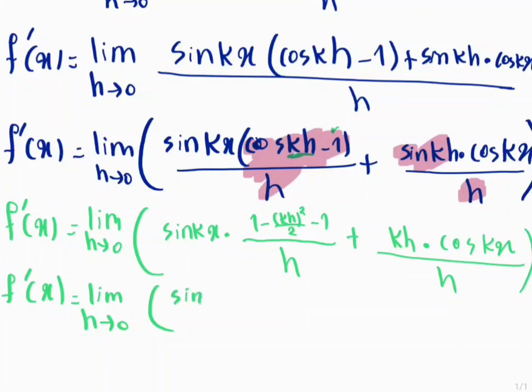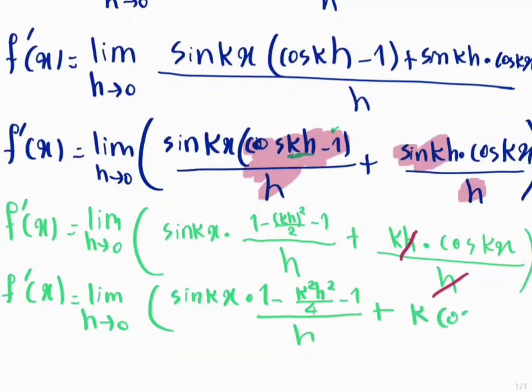Now sine kx times 1 minus k squared h squared over 4 minus 1 divided by h plus, now here we can simplify this straight away because this is multiplication, so this h cancels out with this h in the denominator, so that we have k cos kx, and we need to now simplify this bit.